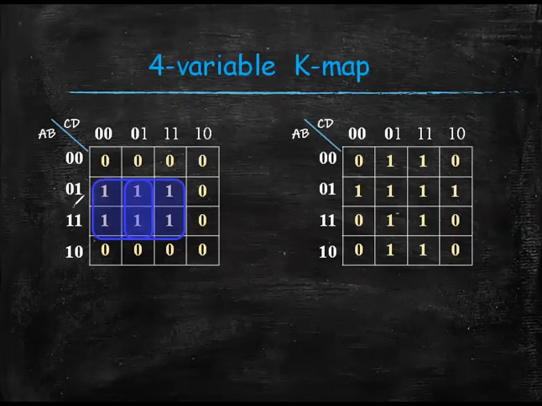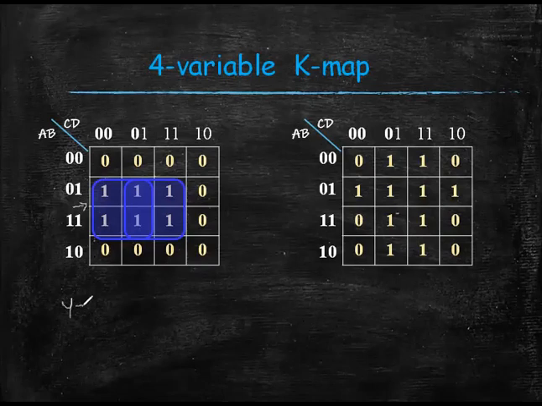For the first quad, we write Y is equal to, for the first quad, B not changing and C bar not changing, B C bar, or here D not changing, then it is BD.